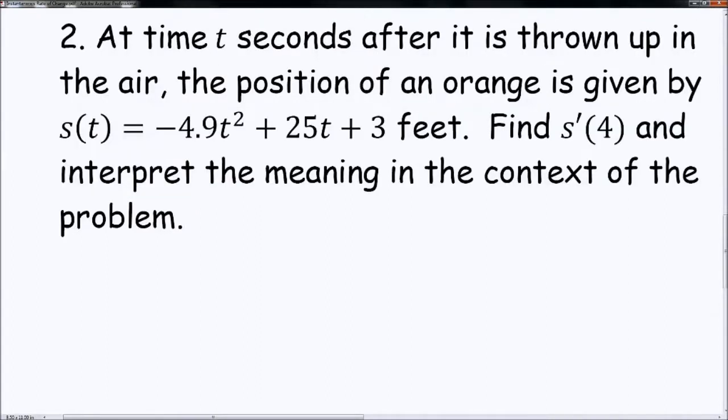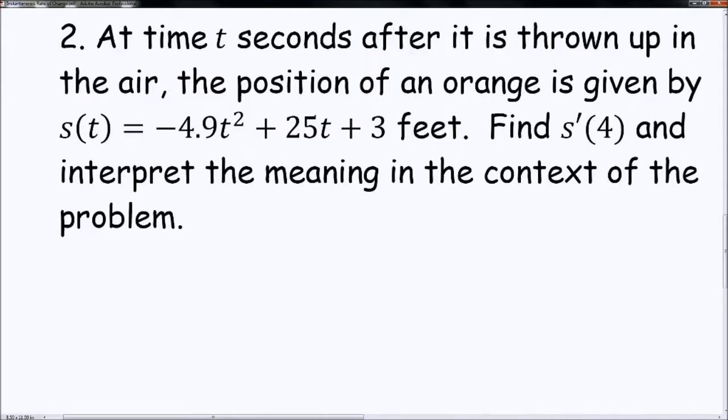At time t seconds after it is thrown up in the air, the position of an orange is given by s of t equals negative 4.9 t squared plus 25t plus 3 feet. Find s prime of 4 and interpret the meaning in the context of the problem. So I have an orange that's getting thrown up in the air and coming back down.